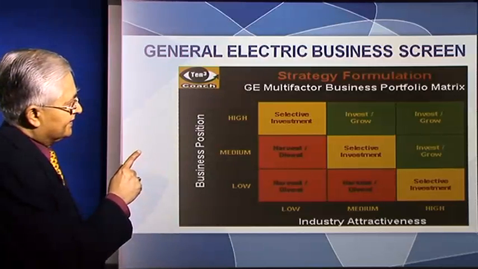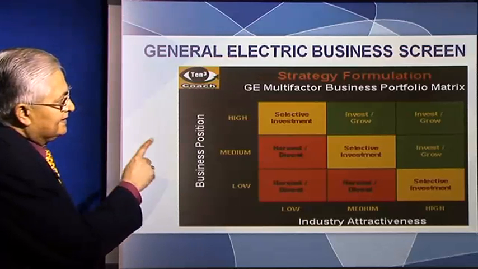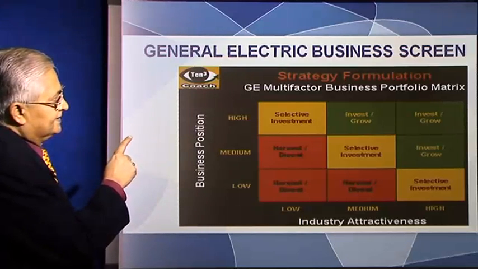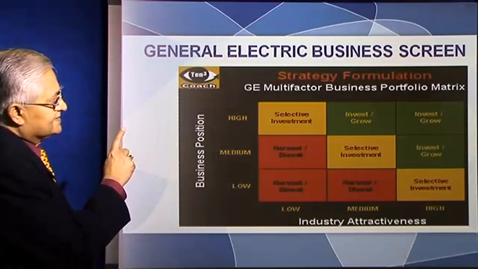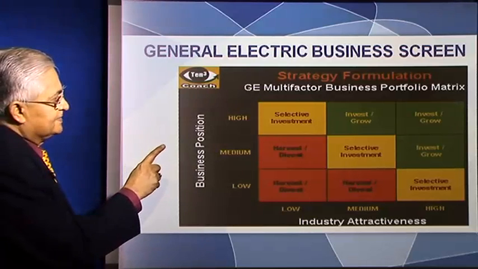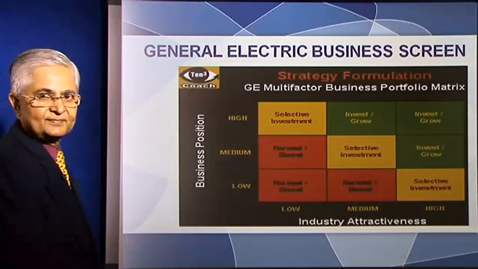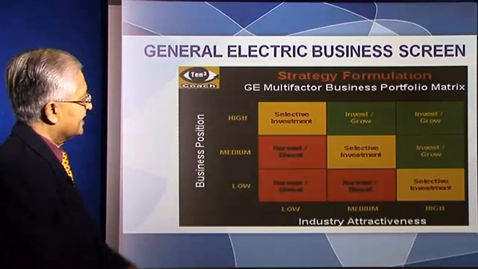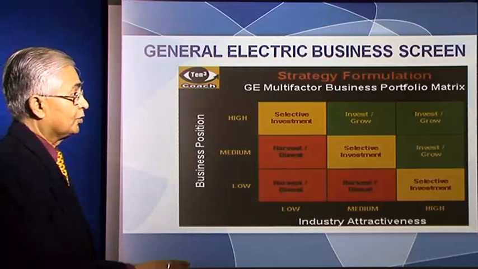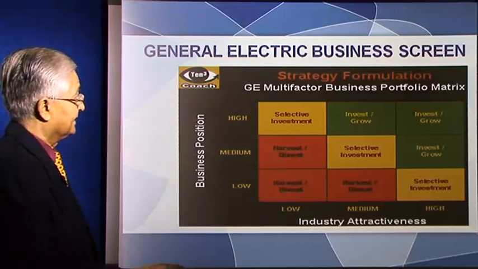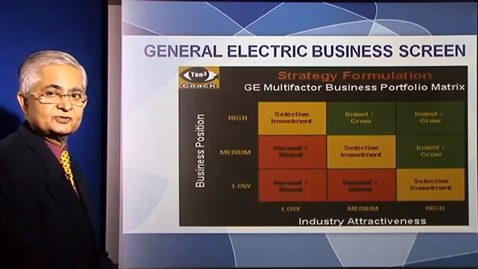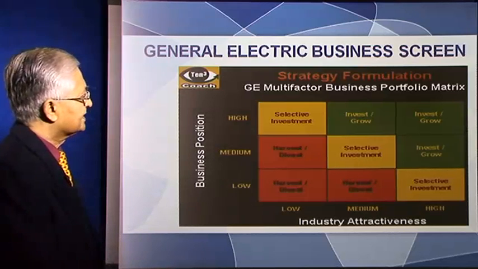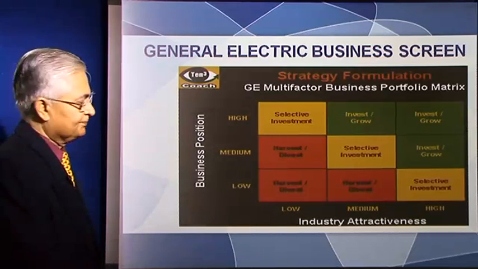Now, you will see here that there is a diagonal across the middle, right, which is selective investment, selective investment and selective investment. If the industry attractiveness is low, but your company has a good business position in that industry, you would consider selective investment.